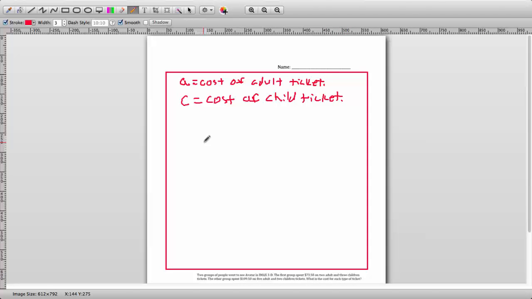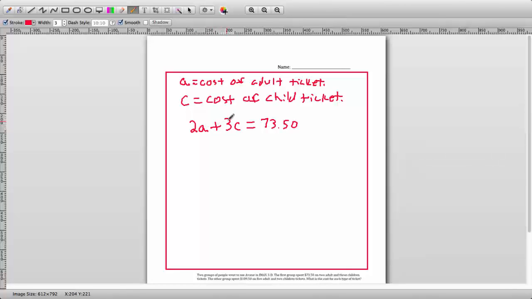Two groups of people went to see the show. The first group spent $73.50 on 2 adults and 3 children. So 2 adult and 3 children cost, the verb spent in this case is the equals, $73.50.